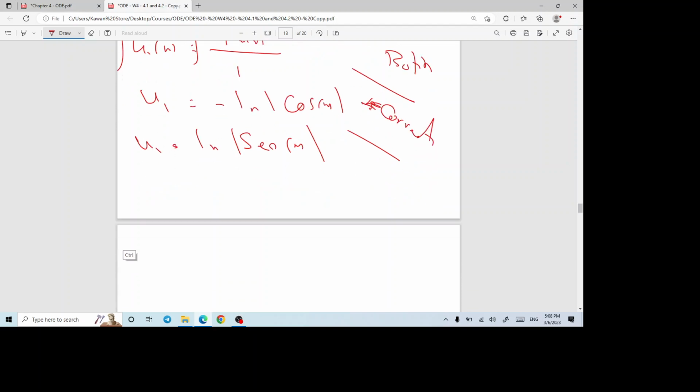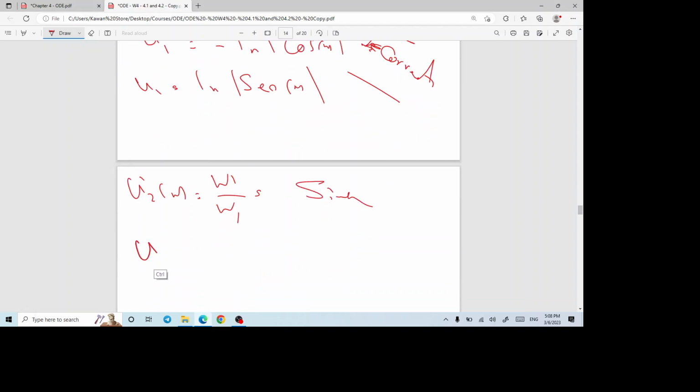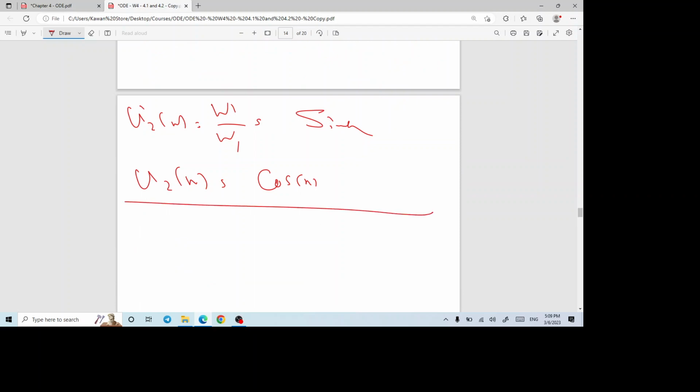How about u2? I know W2 over W, and I know W is 1, so I'm not going to write it. So it's equal to sine. So u2 equals what? Cosine. Am I right? Good. Finally, it wasn't hard actually.